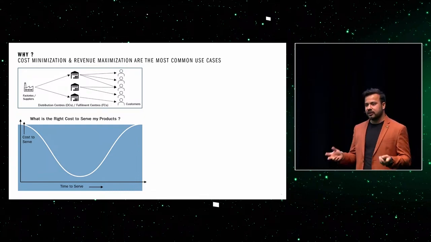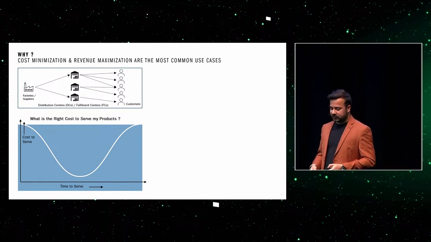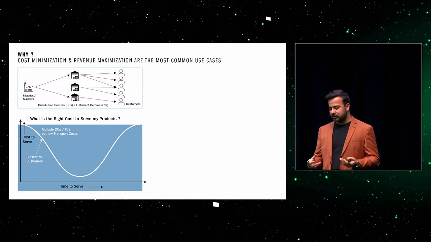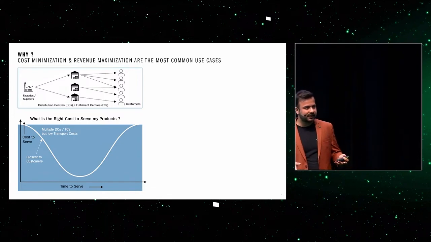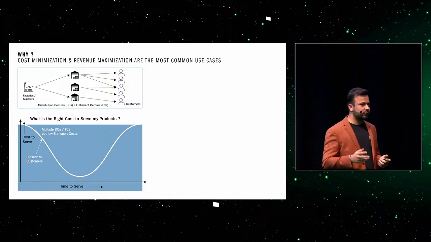Optimization works on similar concepts. Let's take an example and see: if I keep my distribution centers closest to the customers, like Amazon Prime, with next-day delivery, I would have many distribution centers all over my European network, and my warehousing costs would shoot through the roof.